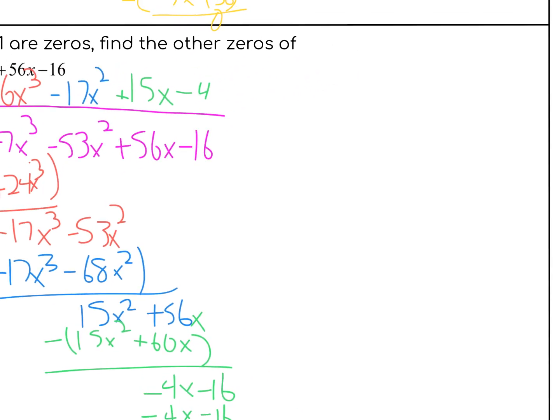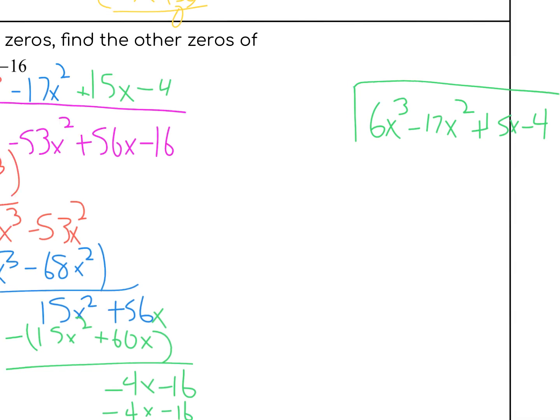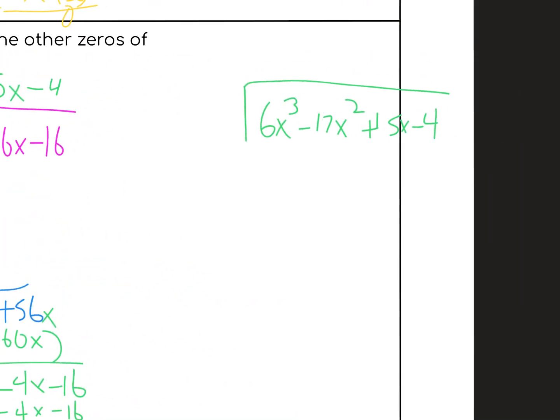Cool. I should have. So 6x cubed minus 17x squared plus 15x minus 4. Divide that by, was it 1? Yeah, x minus 1.